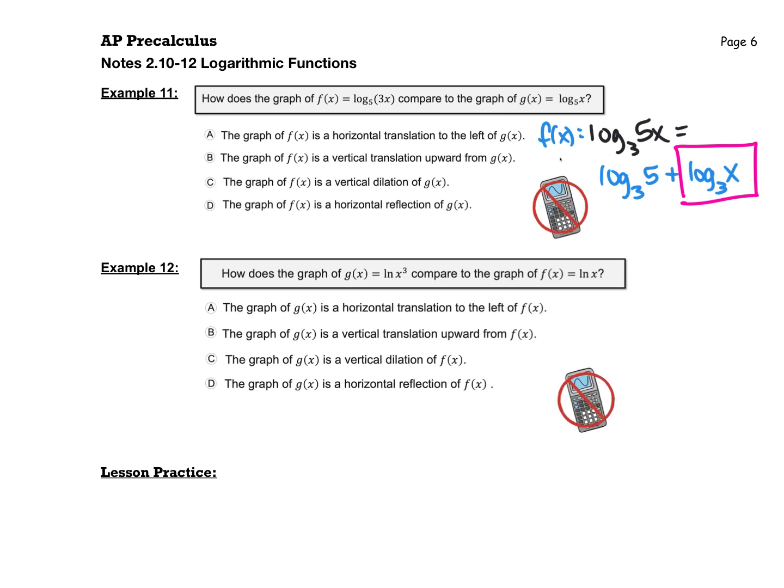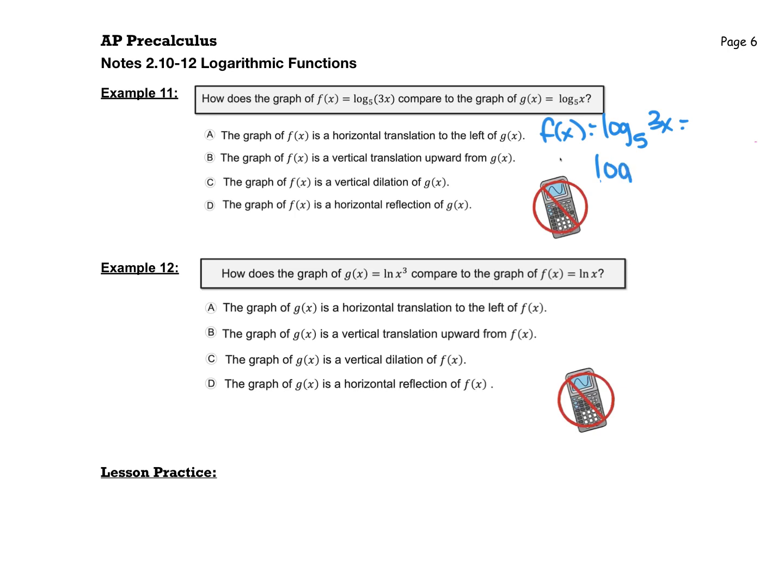It's log base 5. Oh, well, dang it, I did it backwards, didn't I? Okay, so f of x, log base 5 of 3x. There we go, let's split it apart. So log base 5 of 3 plus log base 5 of x.